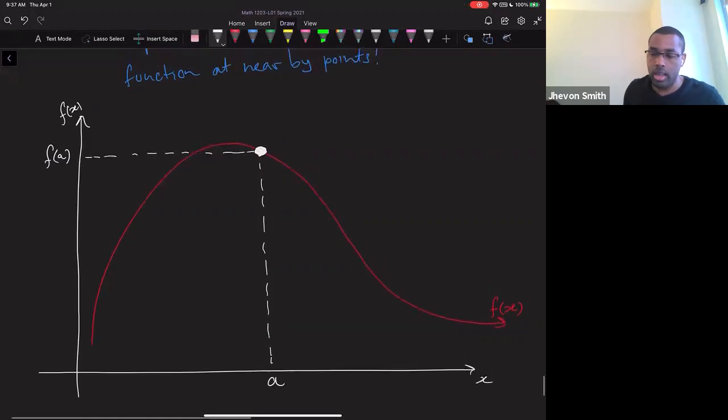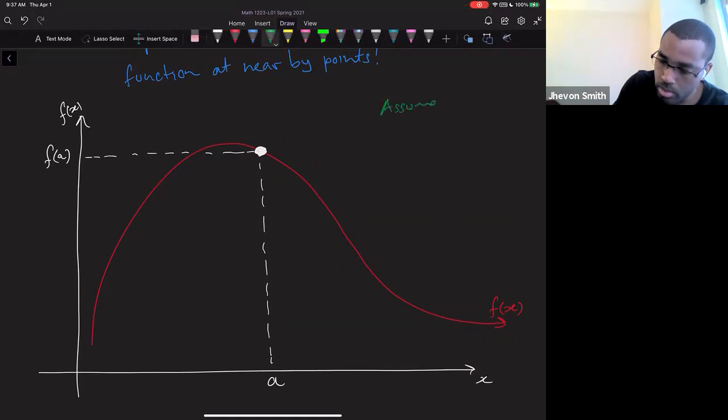And let's assume f of A is known as well as f prime of A. So we can construct a tangent line.